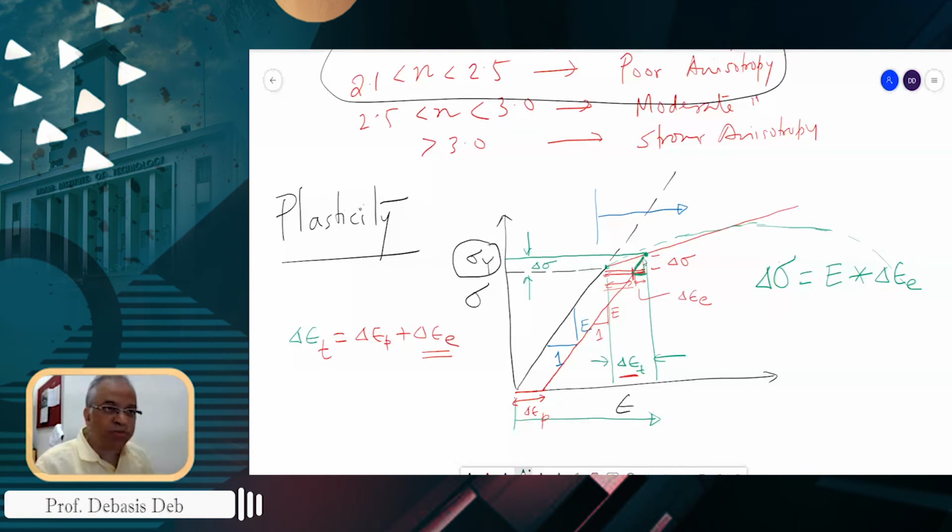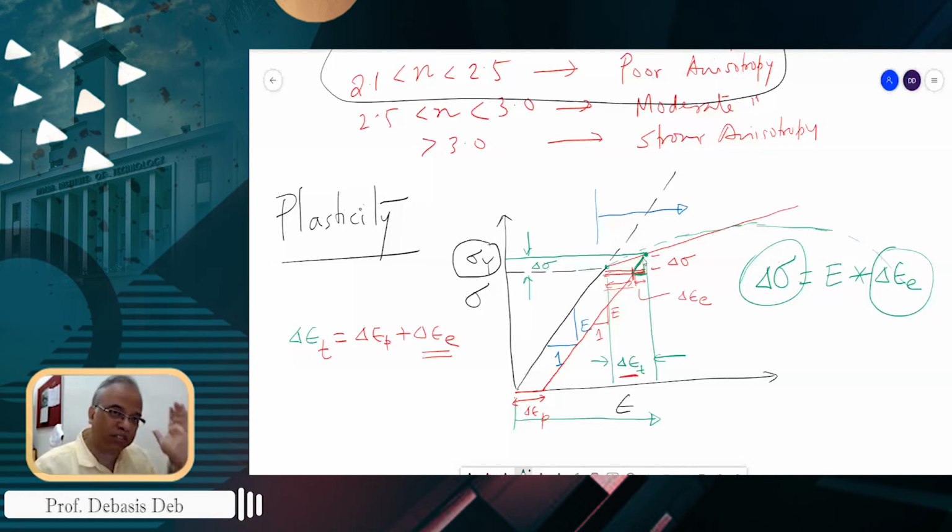So my change of stress, this delta sigma, is related to elastic strain. Remember that. Whenever stress is changed, either in the positive direction or in the negative direction, it is due to elastic strain. So the purpose of elastic strain is to change the stress.